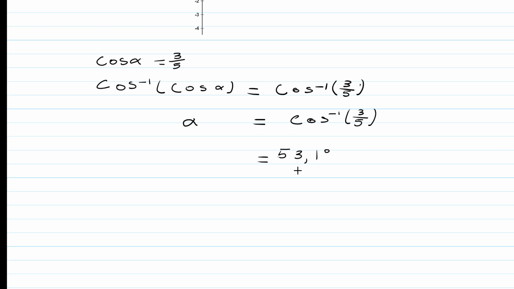Now we want to be sure that this angle 53.1 degrees is the correct angle of alpha. If we apply a cos on it again, will it give us the ratio 3 divided by 5?